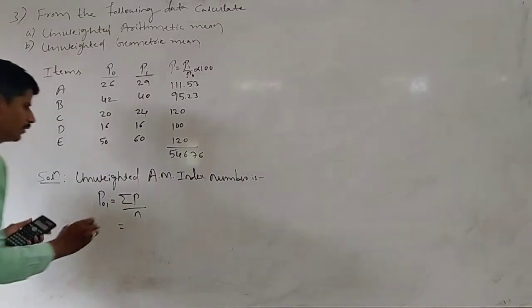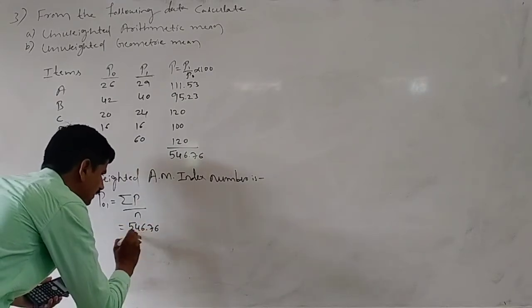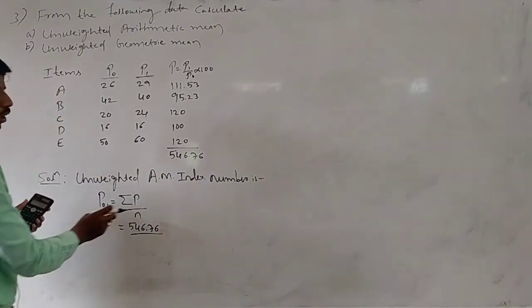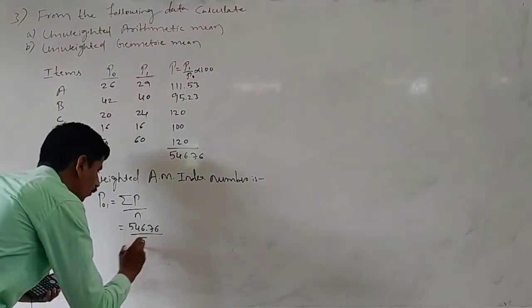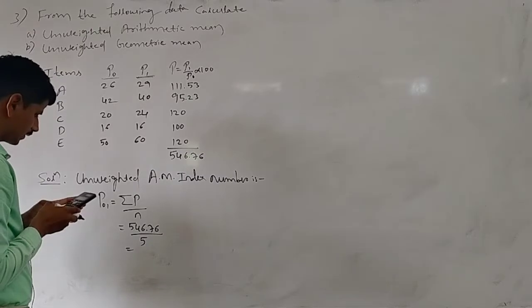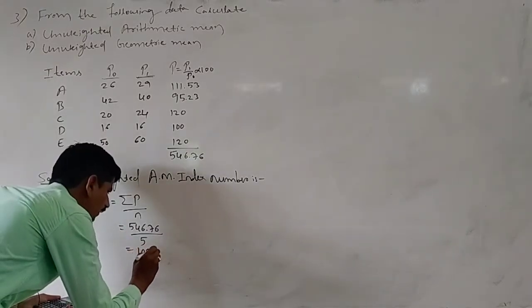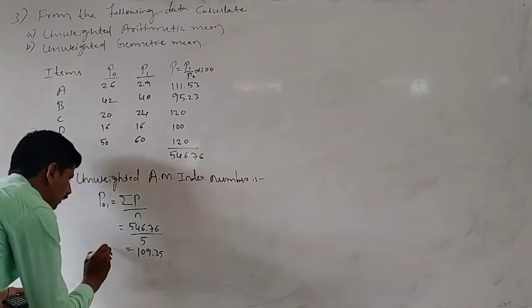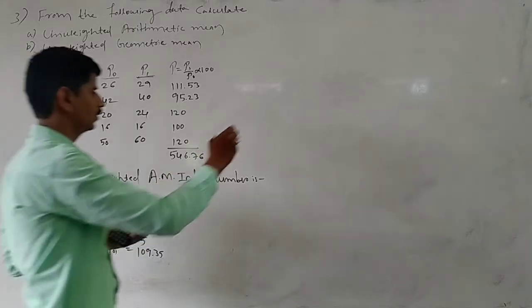You have to substitute the values: sum of P is 546.76 divided by n, that is the number of items. 1, 2, 3, 4, 5. The number of items is 5. 546.76 divided by 5 is 109.35. It is the unweighted arithmetic mean index. Okay.